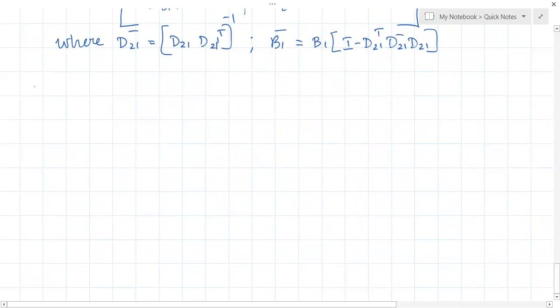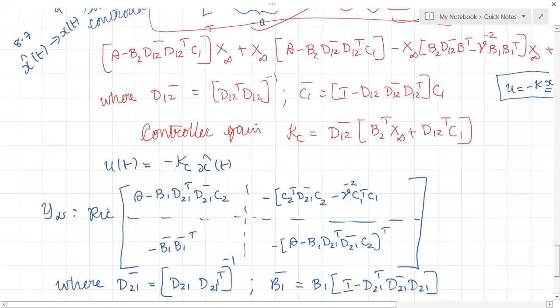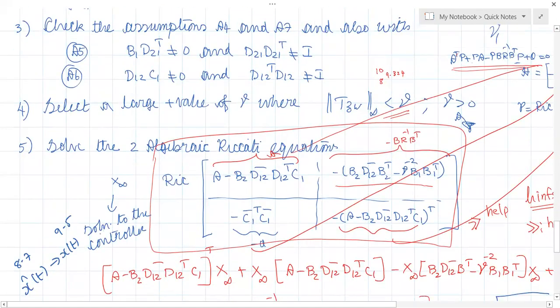Now, what is the Riccati equation for the estimator? A minus B1 D21 transpose D21 bar C2, whole transpose, Y infinity. What is Y infinity? Y infinity is a solution of this Riccati equation. X infinity was the solution of the controller Riccati equation; Y infinity is the solution for the estimator.